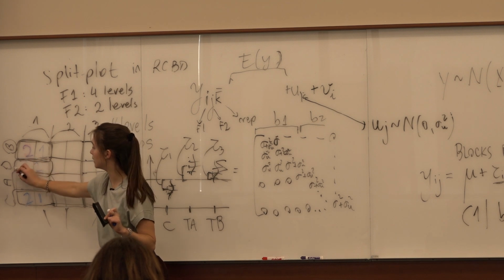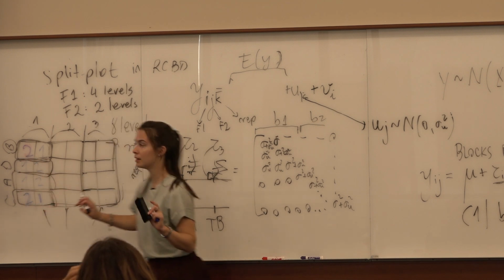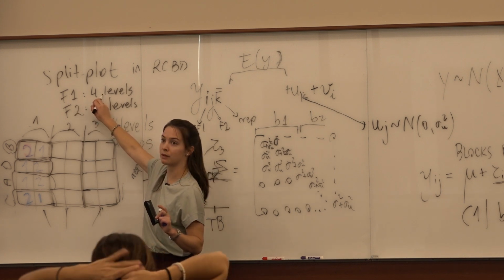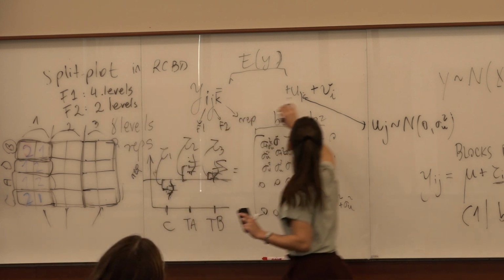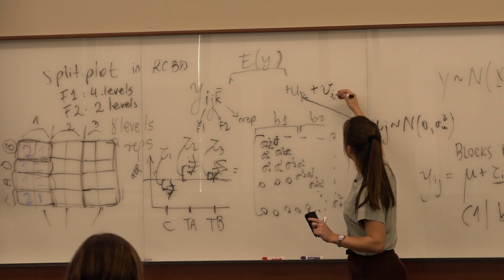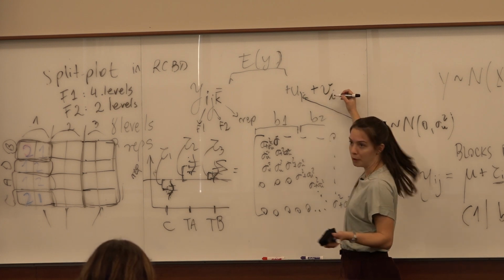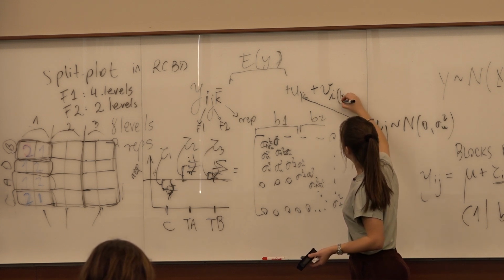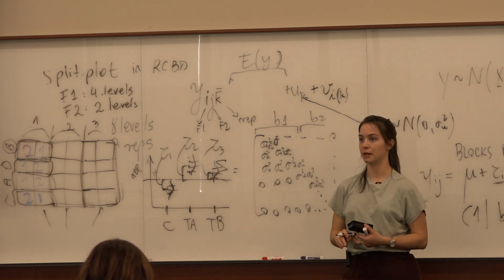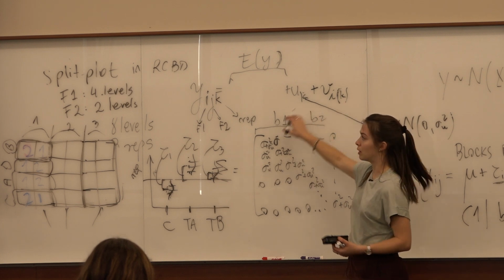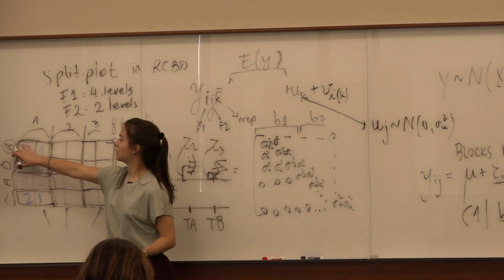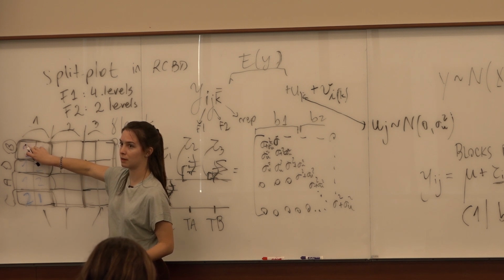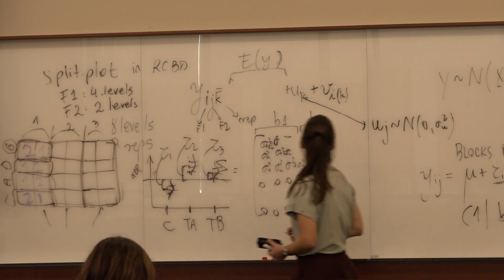This would be B, D, A, or C, right? And these are levels of this factor. So this is the random effect of the ith whole plot inside the kth block, because it's this treatment and this block. So we know it's this one. Okay?